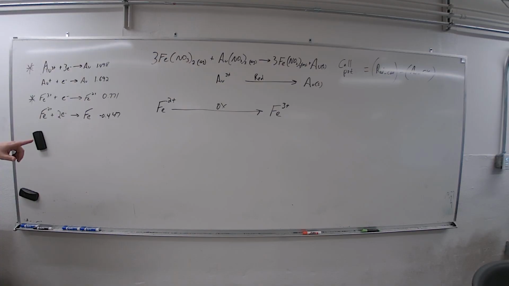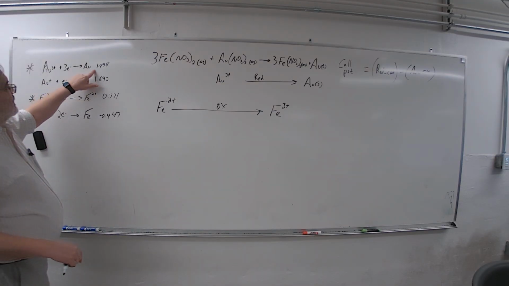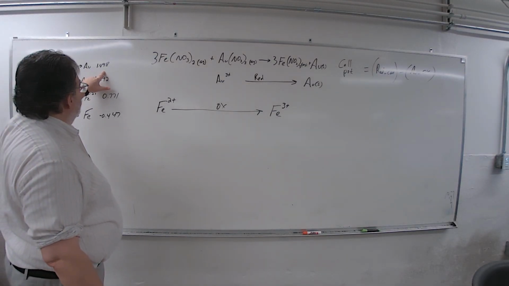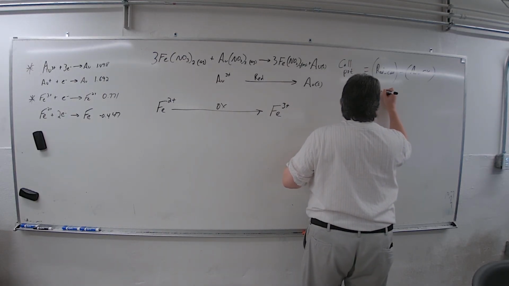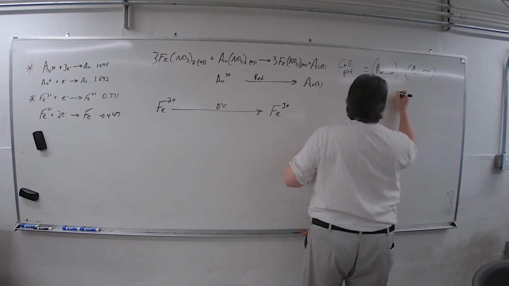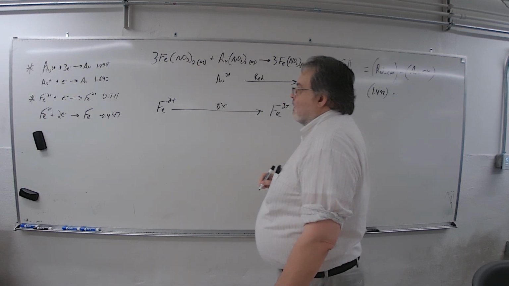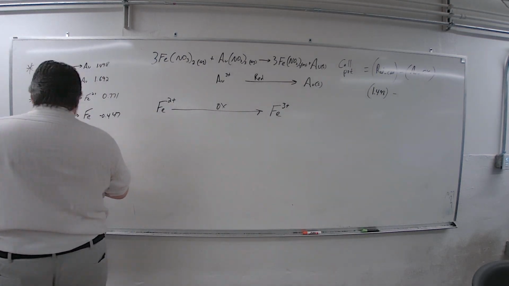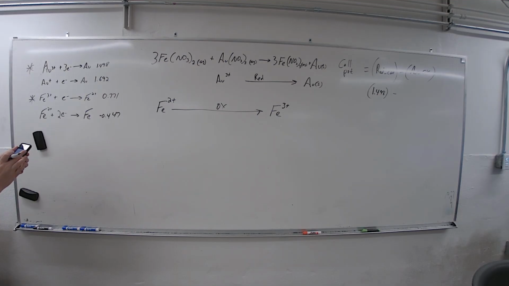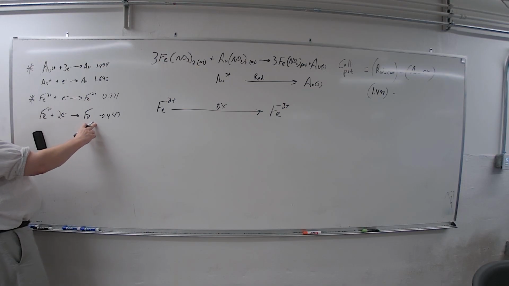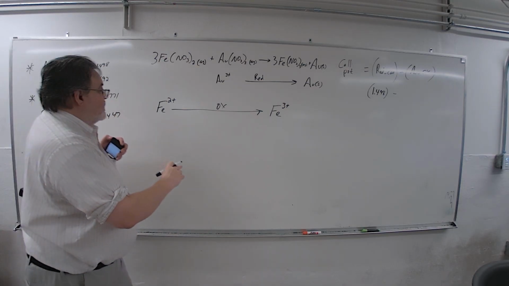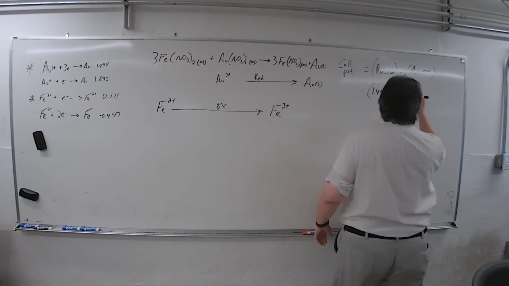All right, so reduced is the Au. So there's our reduction potential, 1.498. Are all those positive? Yeah, they're all positive except for that one. All right, this is our oxidation, 0.771.